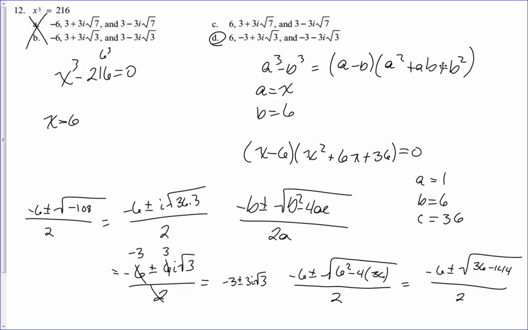Then you just fill out your a's and b's up here, set them both equal to 0, solve for x. This one comes out easy because you just get x equals 6. This one you have to use the quadratic formula, which you should already have seen and know how to use. All right, so that's it for number 12.